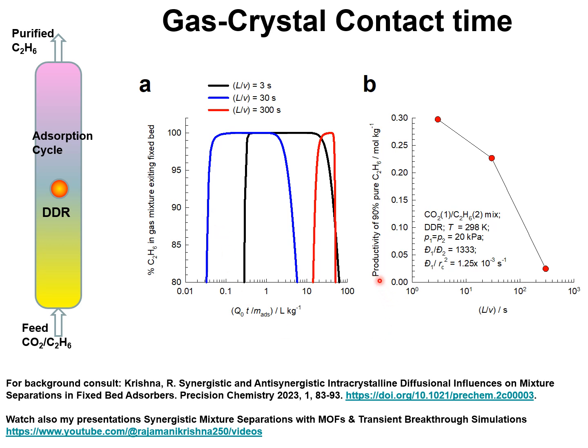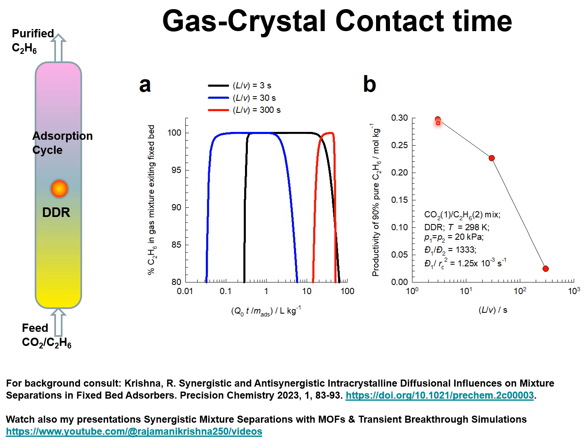The productivity of purified ethane of the required purity is plotted as a function of the contact time between the gas mixture and the crystallites. We see that the productivity increases when the contact time is lowered.